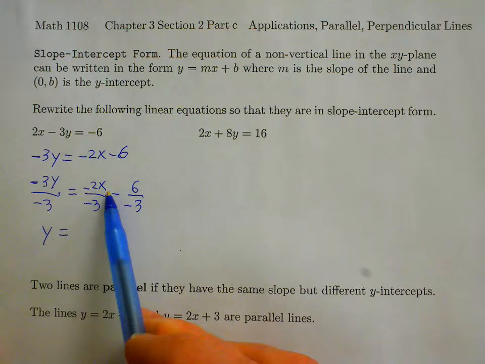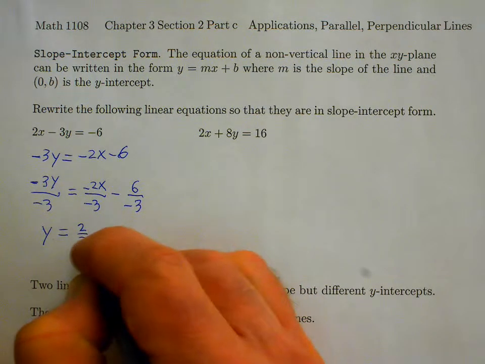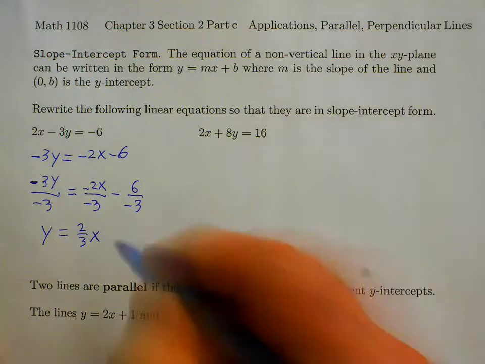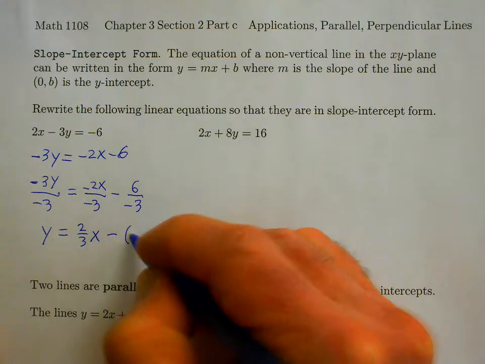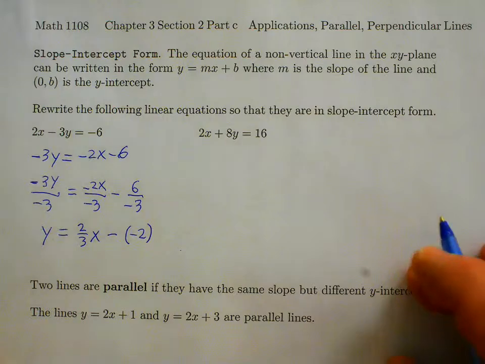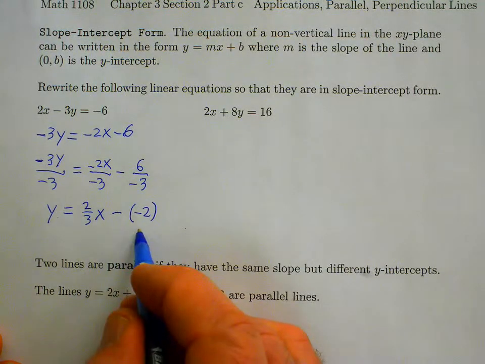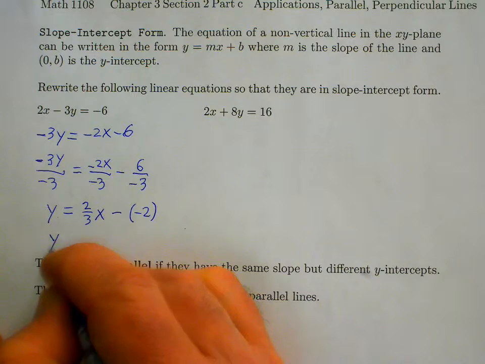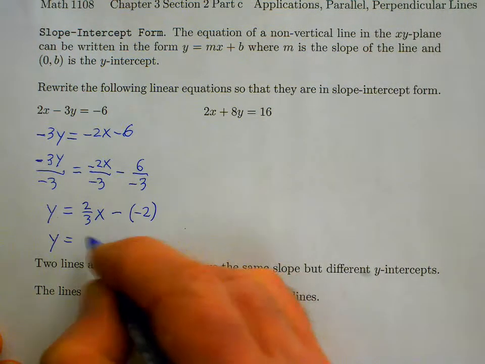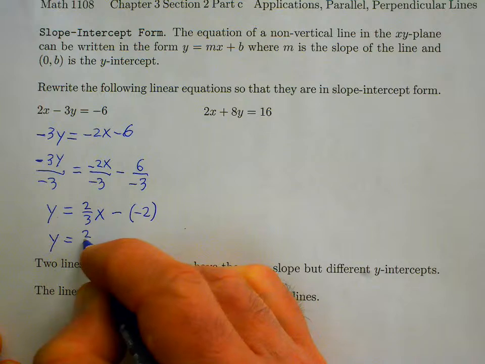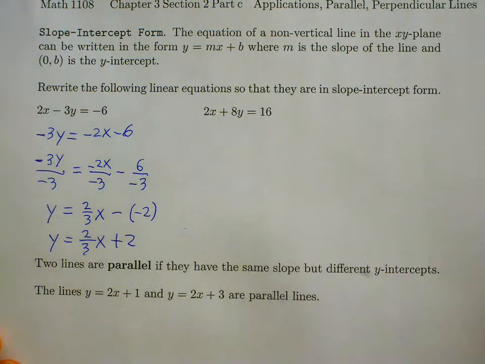Negative 2x divided by negative 3 is positive 2/3 x. And then minus 6 divided by negative 3 is negative 2. We'll simplify it a little more because subtracting negative 2 is equivalent to adding 2. So we get y equals 2/3 x plus 2.